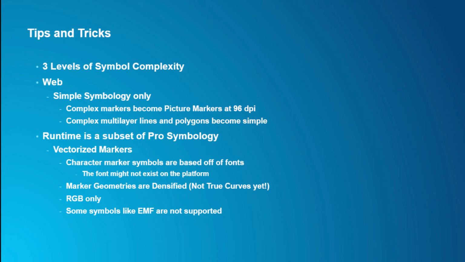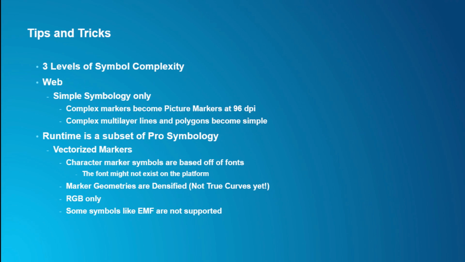Pro supports all sorts of different kinds of color schemes. Runtime only supports RGB at this time. And other things like EMF symbols, they won't come across. So that's why when I showed the demo earlier with the mobile style, it warned us when we pasted the symbol in there that things are going to get downgraded or changed. And these are the things that happen.